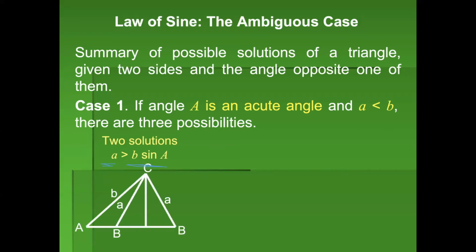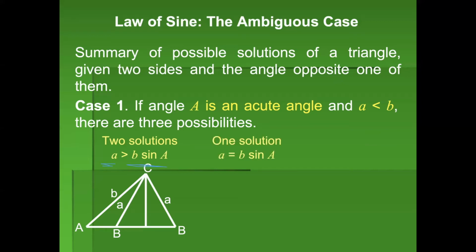So in the illustration, you can form either an acute triangle or an obtuse triangle. If you have two solutions, you have two possible triangles: one is an acute triangle, and the other one is an obtuse triangle.